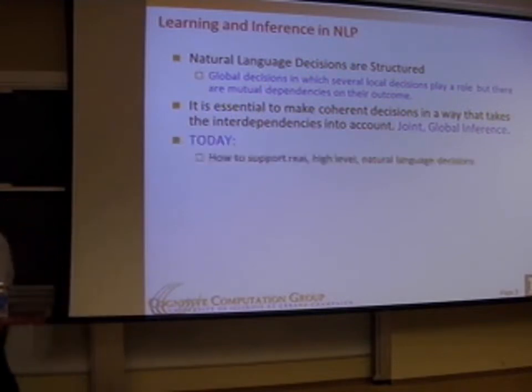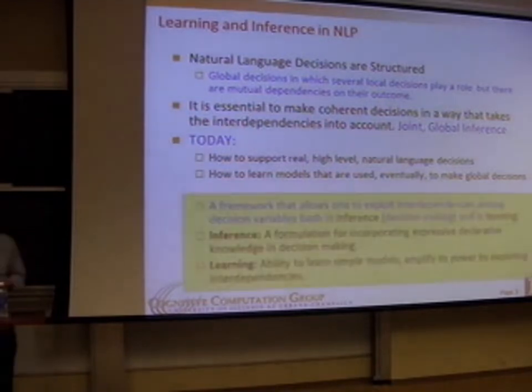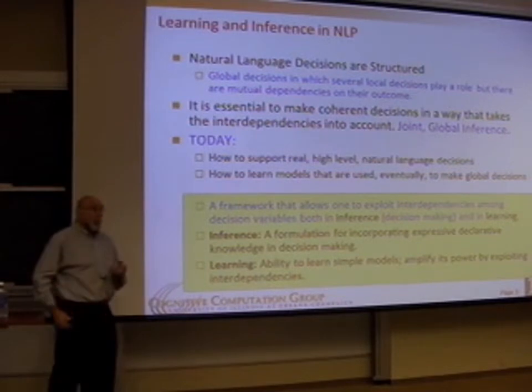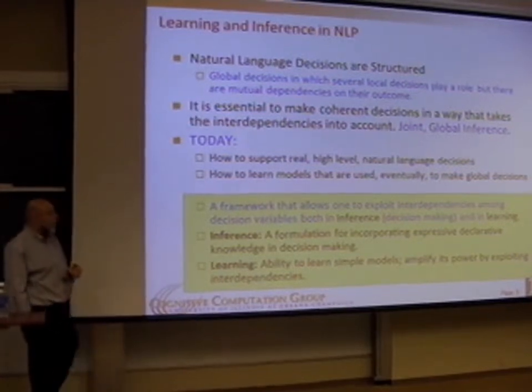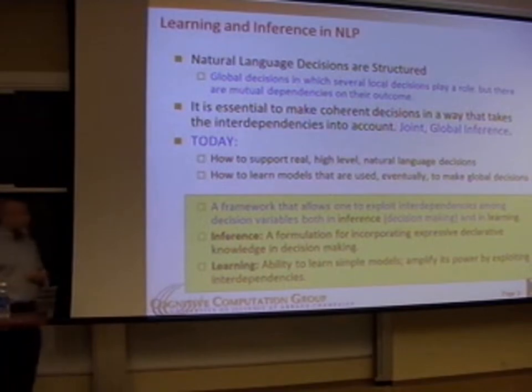So today I want to talk about frameworks that actually do this in the context of NLP. The question is how to support real high-level natural language decisions, and I want to talk about the inference component of it and the question of how to learn models that eventually are used to make these global decisions. As I said, I'm going to talk about a framework that allows one to exploit these interdependencies among decision variables, both in inference and in learning.